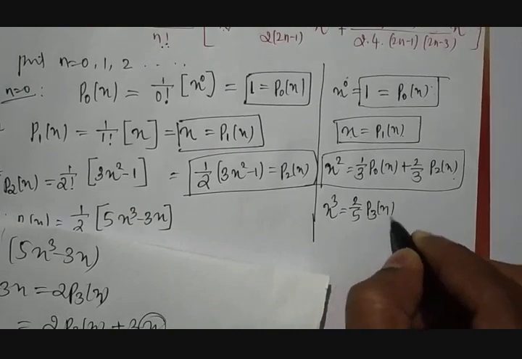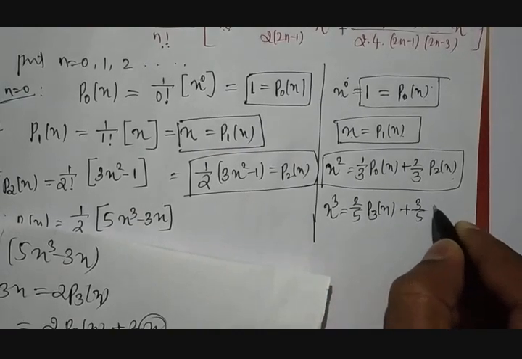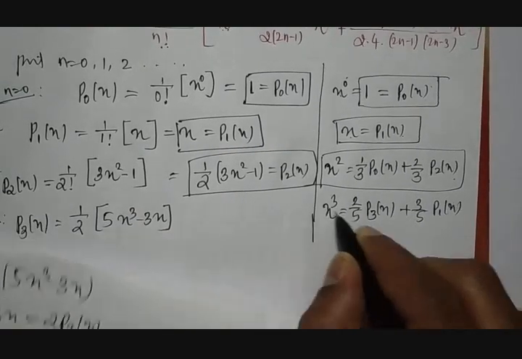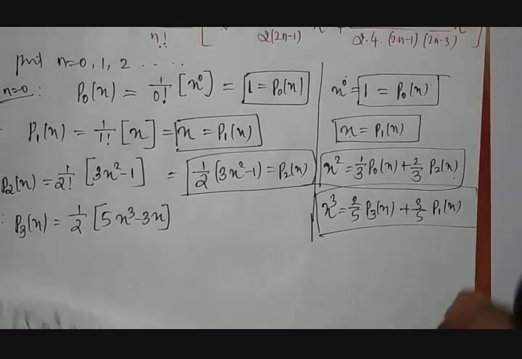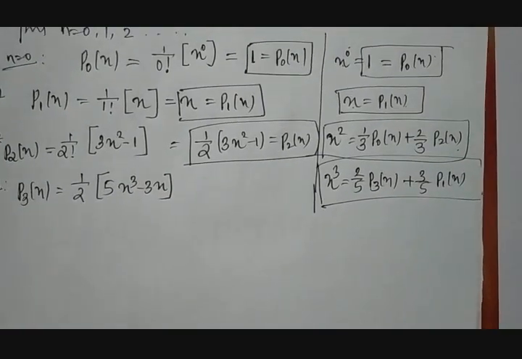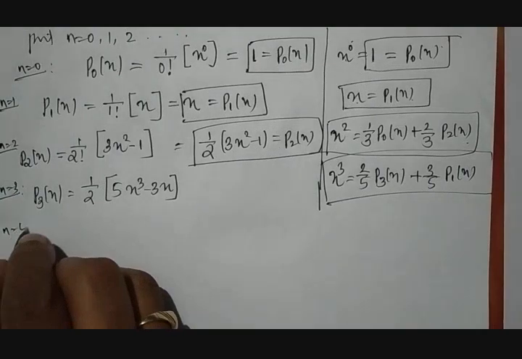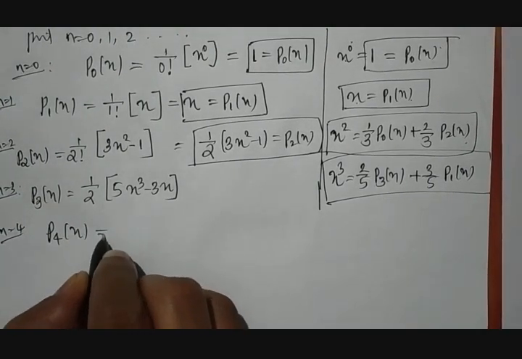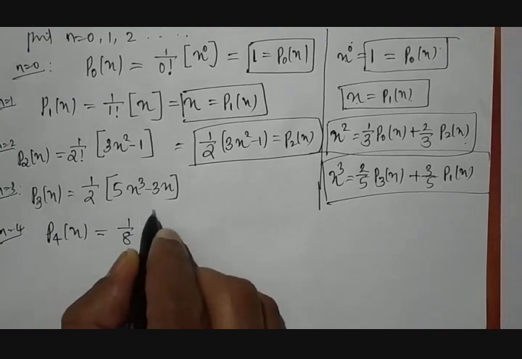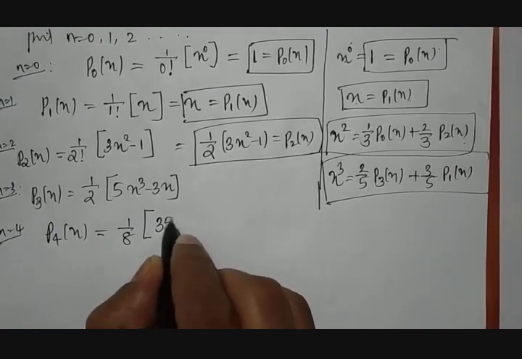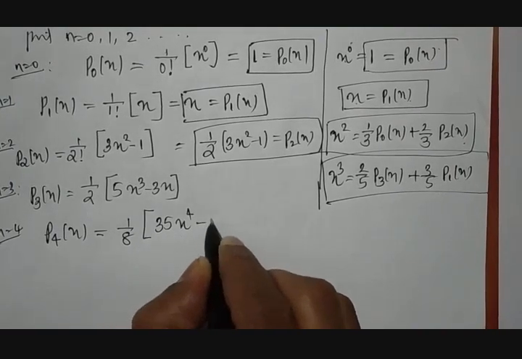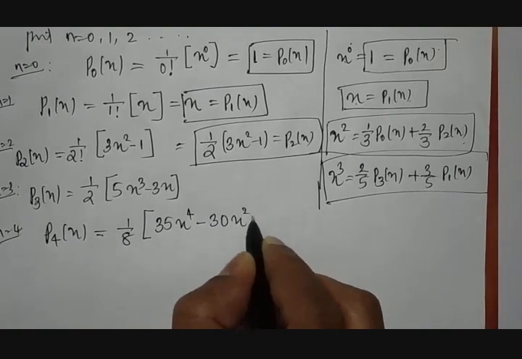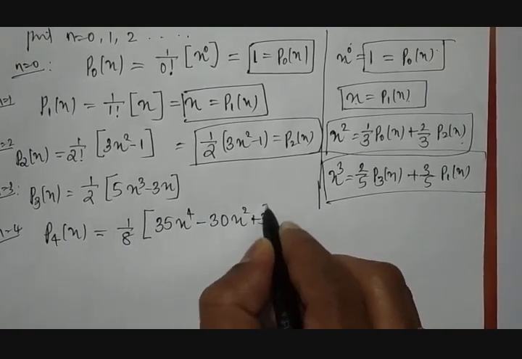Similarly, if you put n is equal to 4, then we will be getting p4 of x is equal to 1 divided by 8 into 35 x raised to 4 minus 30x square plus 3.